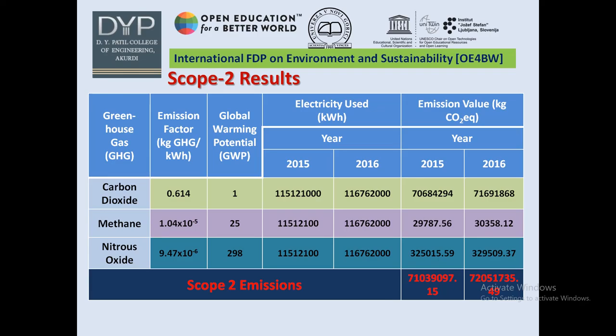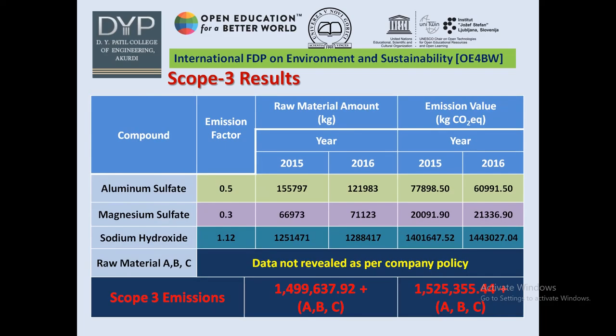In both the cases, 32 lakh something in case of 2015 and 32 lakh 95,000 in case of 2016. The total emissions from scope 2 are close to 7 crore for 2015 as well as 2016.